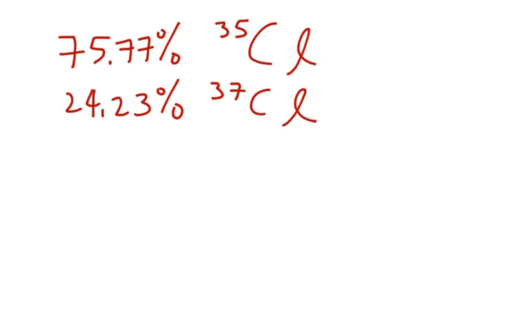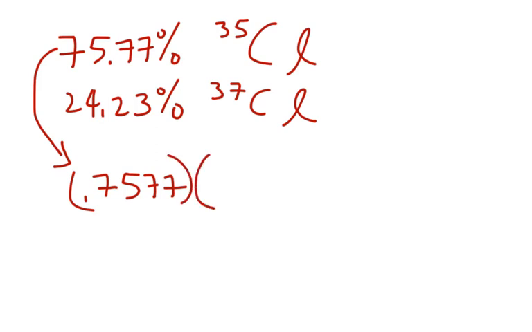And so that we don't give more weight to something that doesn't deserve more weight, we do something called a weighted average. And like I showed you before, that's taking the percentage as a decimal, so that's 0.7577, and you want to multiply that by the mass number for that isotope, and add up all of the different isotopes that way.